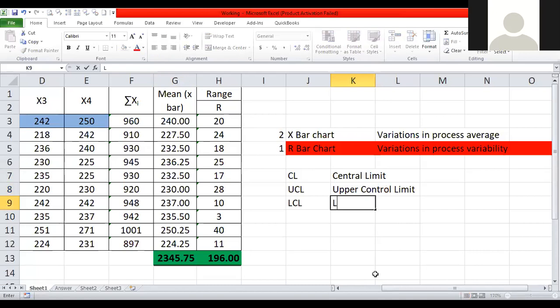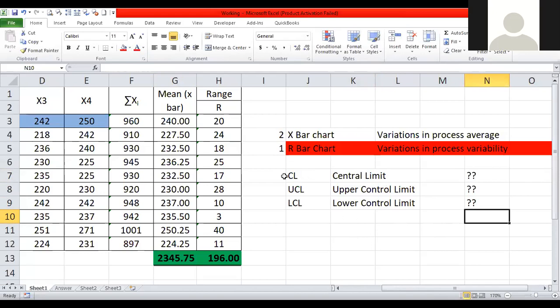And the LCL means lower control limit. So you have to now find out this CL, UCL and LCL. So once you have found out these values, you can draw the R bar chart.